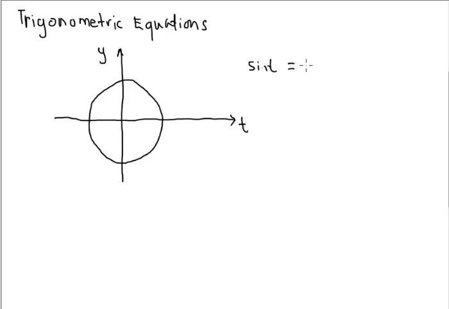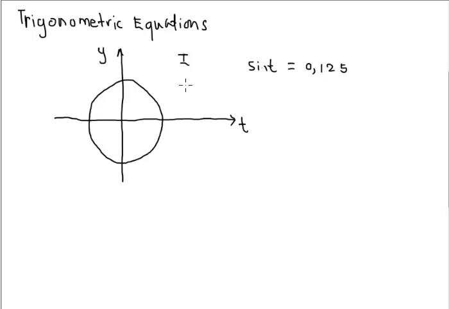So let's say sine t equals 0.125. What we know is that this function, sine, is going to be positive in the first and the second quadrant.